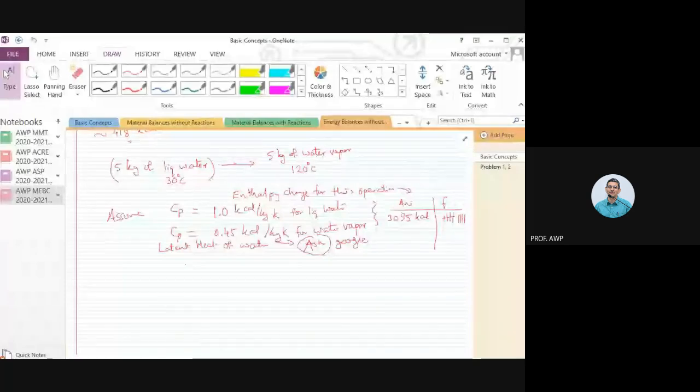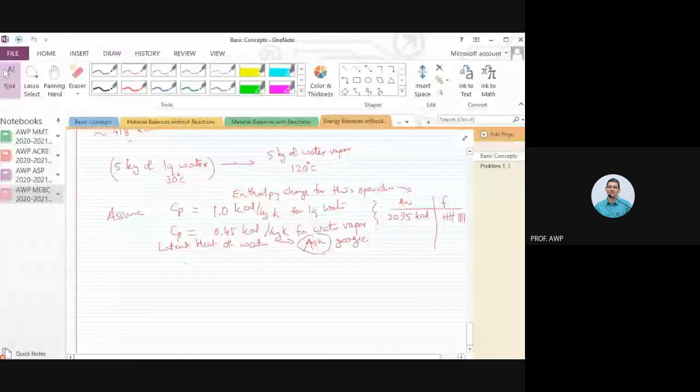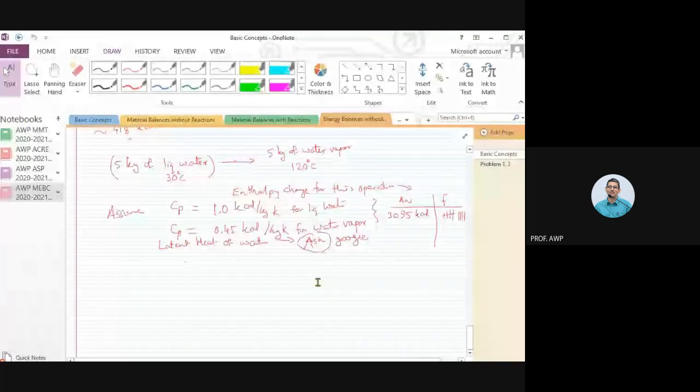We had 5 kgs of liquid water at 30 degrees centigrade. We wanted to heat that up and make it into 5 kgs of water vapor. So if you want to write it in terms of a block diagram, we are going to supply this water. We are going to have a heater.